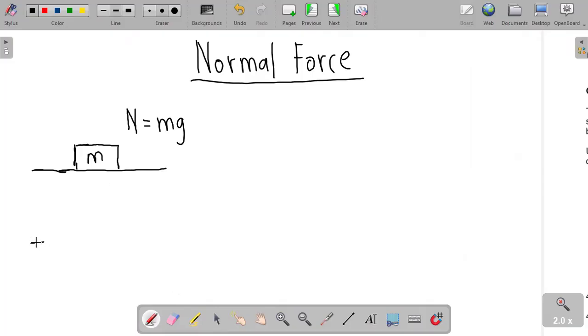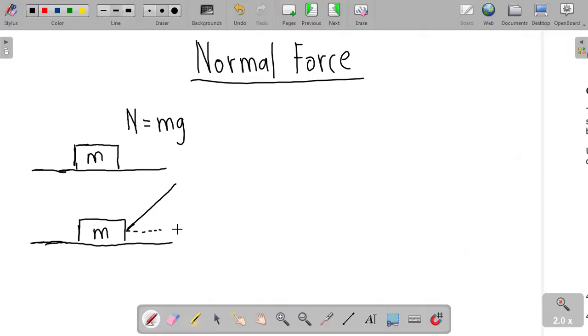Now let's say you have another horizontal surface, with an m here. In this case there is a force acting at an angle.